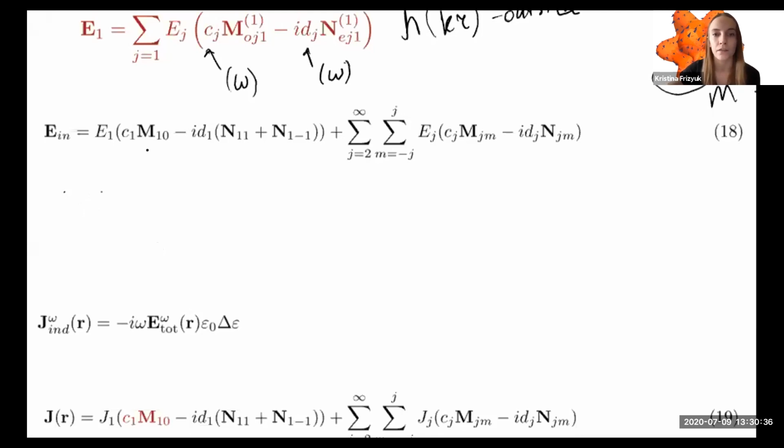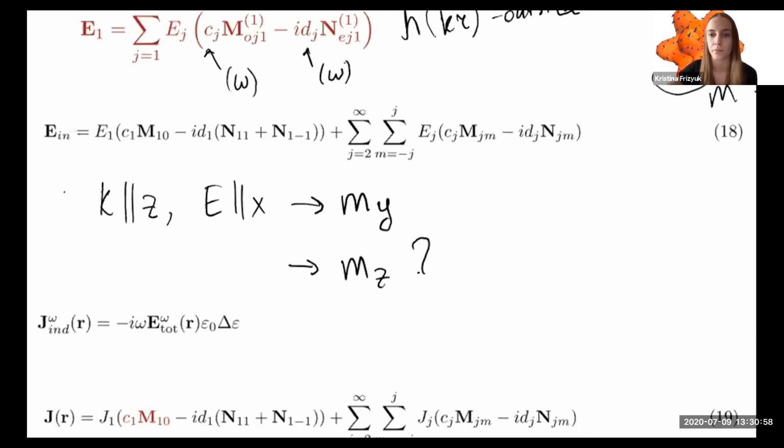If we had K parallel to Z, if this combination gives us a magnetic dipole along Y, what should we do to obtain a magnetic dipole along Z? Please answer in the chat.